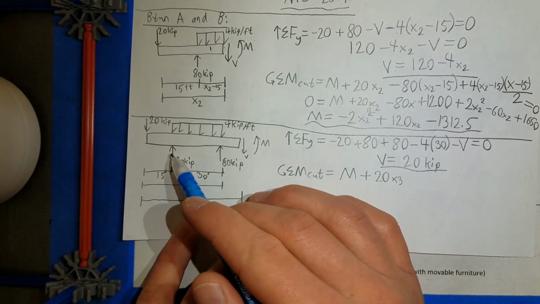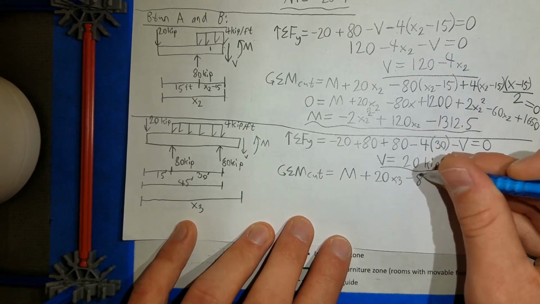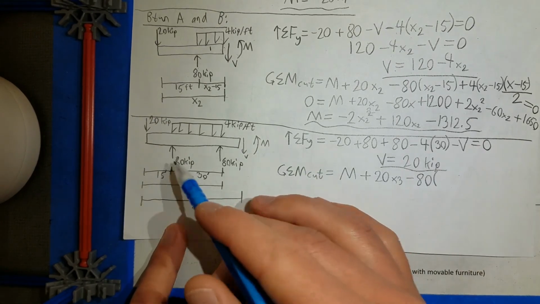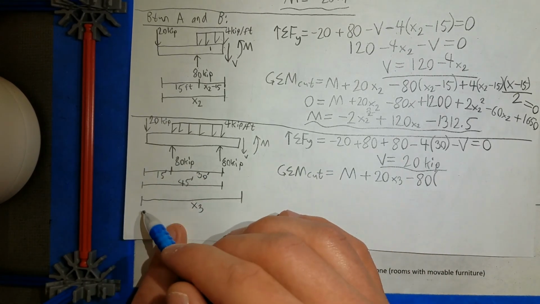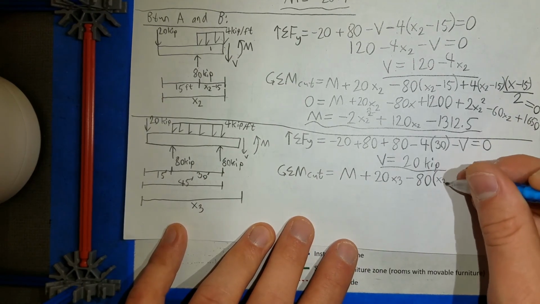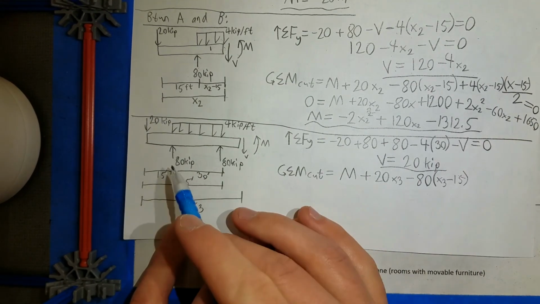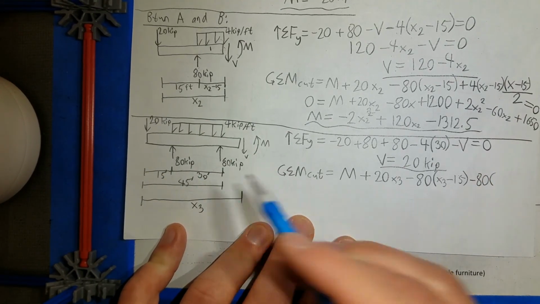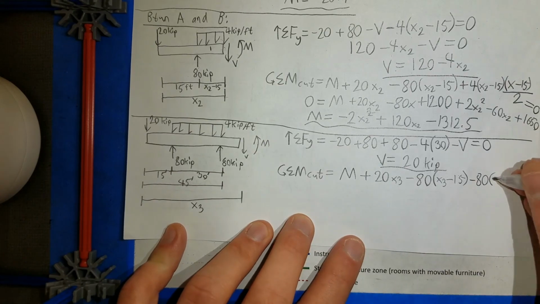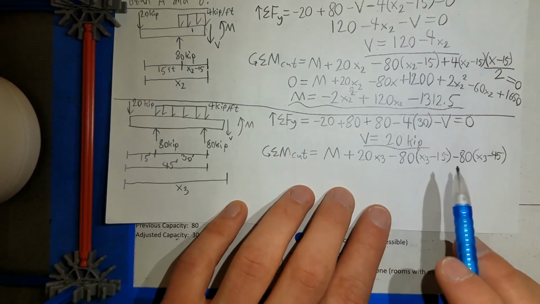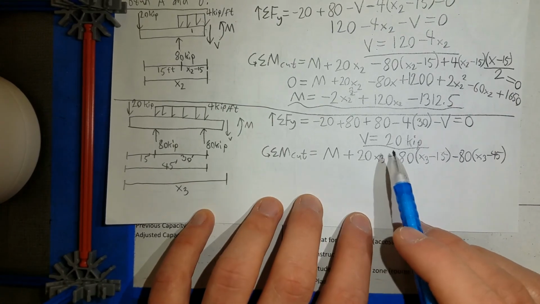We're going to have negative 80 kips times x3 minus 15, because we're going to go all the way down here to x3 and subtract 15 to get to where that is. We're going to have the other 80 kips, and that's going to be x3 minus 45. And I'm going to have to write this on another line, so bear with me there.